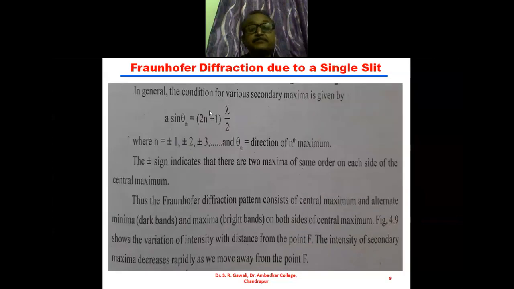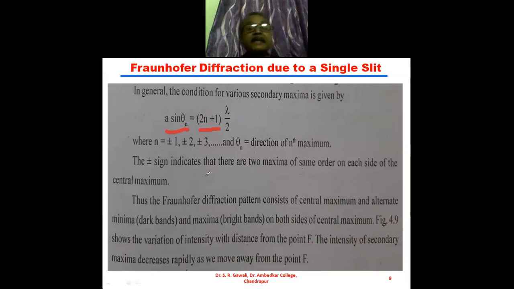Now, in general, the condition for the various secondary maxima is given by the expression, as before, a sin theta n is equal to 2n plus 1, the odd number generator, multiplied by lambda by 2, where n is equal to plus minus 1, plus minus 2, plus minus 3, and so on, and theta n is the direction of the nth maximum.